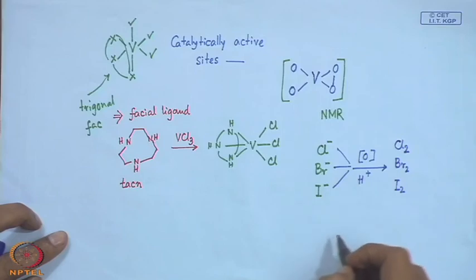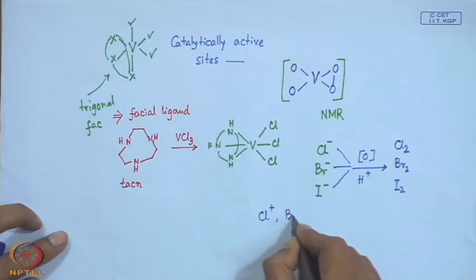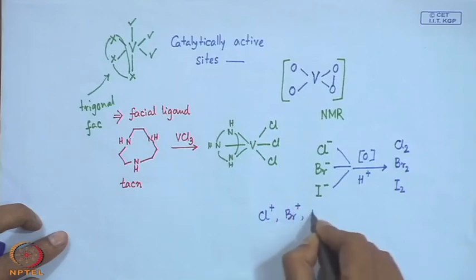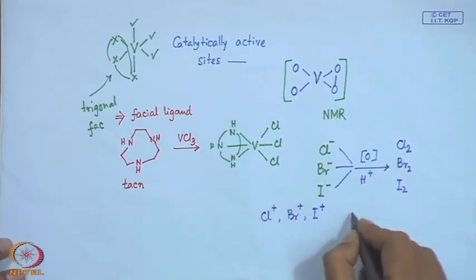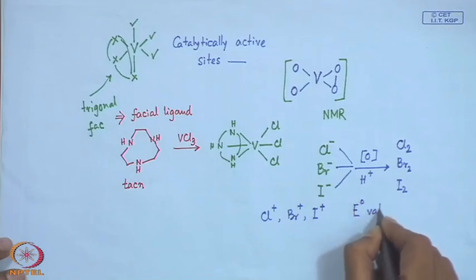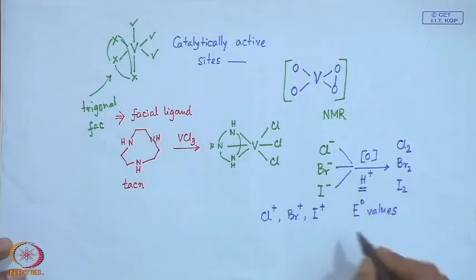Not only these, but we also want to have Cl as Cl plus, Br as Br plus and I as I plus. The formation of these species is very much dependent on the different E0 values, and these E0 values are also dependent on the conditions, that means the H plus availability, that means the pH of the medium.